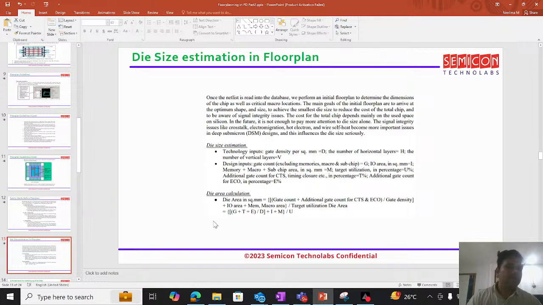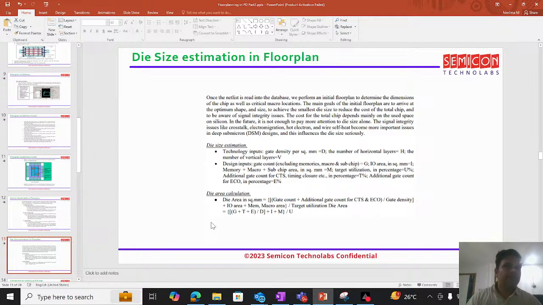There is no hard and fast rule as such. No one formula works for everything. We have to try out different approaches based on your die shape, your aspect ratio, how you want to do the floor plan, and what changes you can expect. Let's say you are expecting changes at the macro level, with some more macros expected to come in phase 2 or phase 3 of the project.